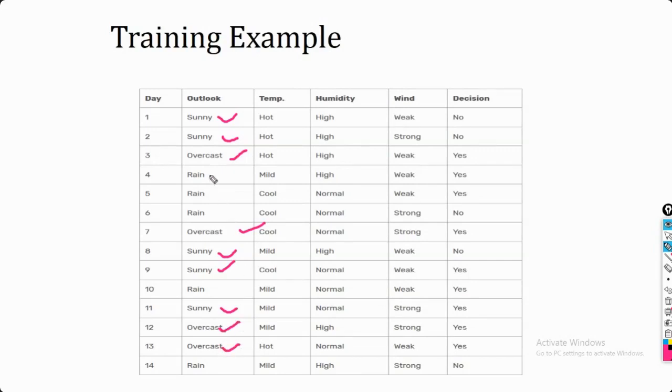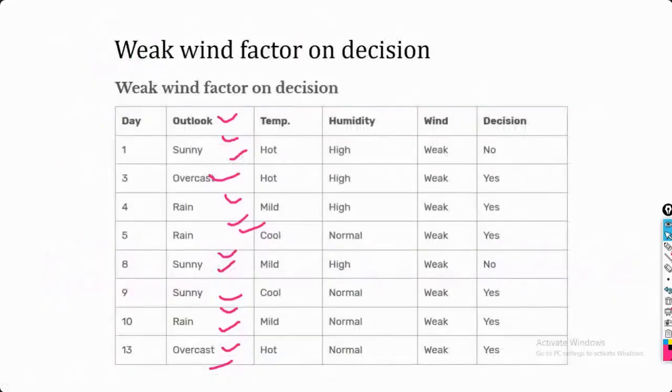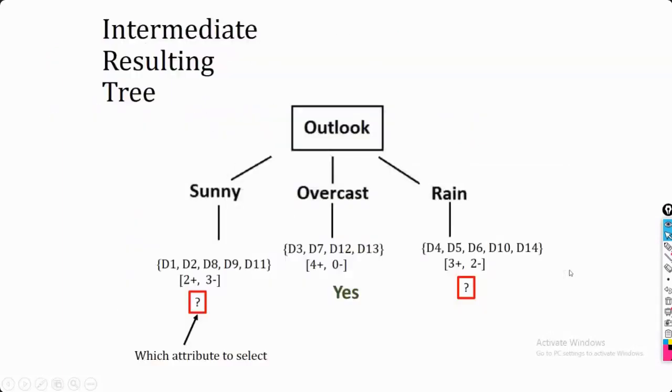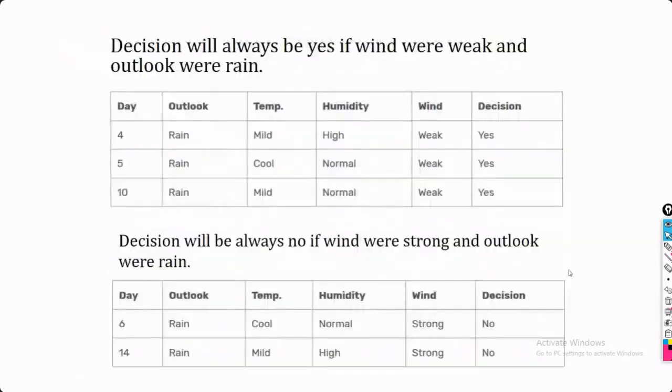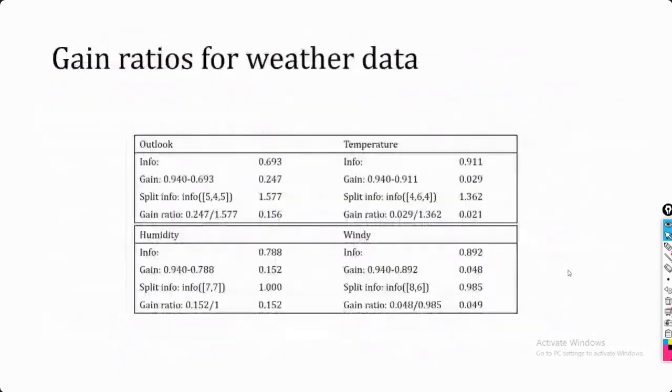Rain is one, two, three, four, five. So this 5, 4, 5 is representing the attribute value distribution. Five for sunny, four for overcast, five for rain. Now we are going to calculate this split information.